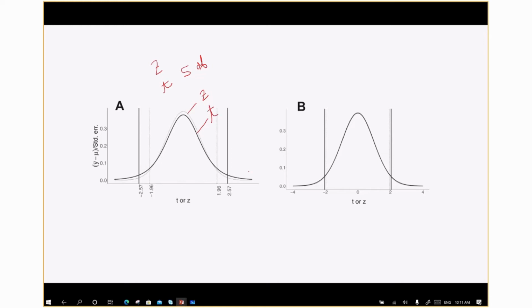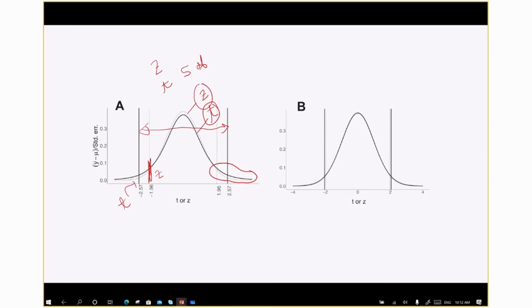And you notice down here that the t-distribution has a thicker tail. And what these numbers are meant to represent is that's the value for z, that's the value for t, and the difference between these lines captures 95% of the observations. So you can see that the t-distribution is more variable than the z-distribution.